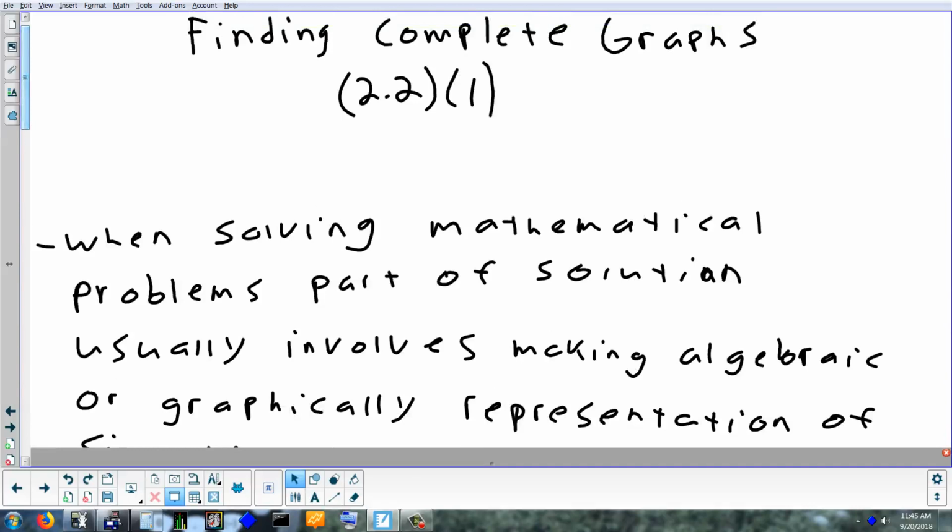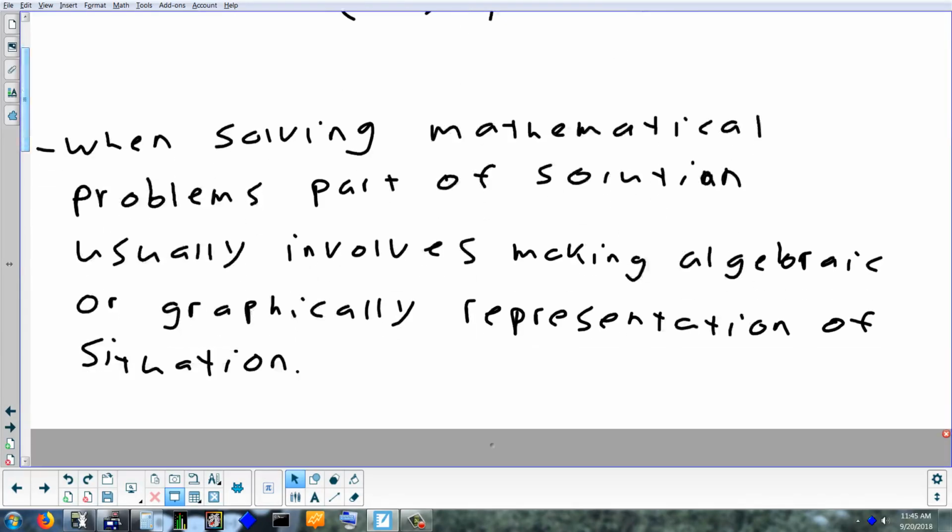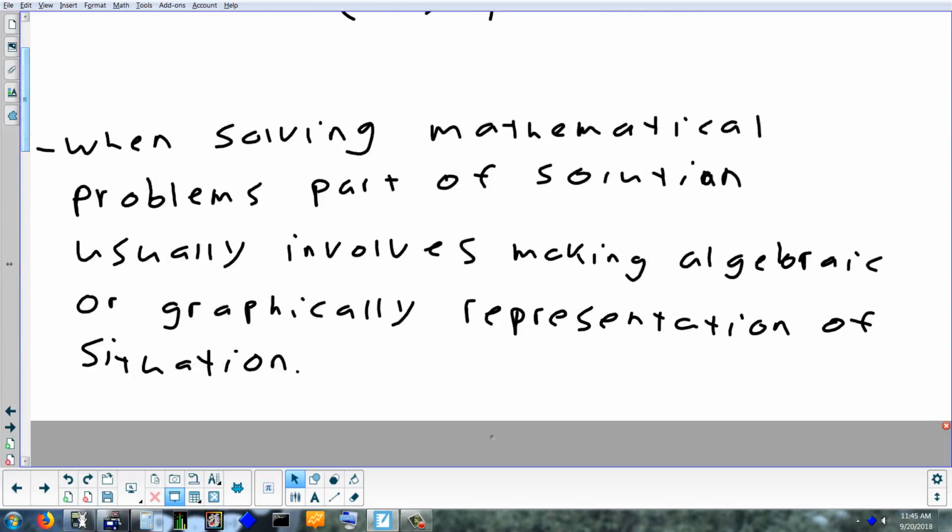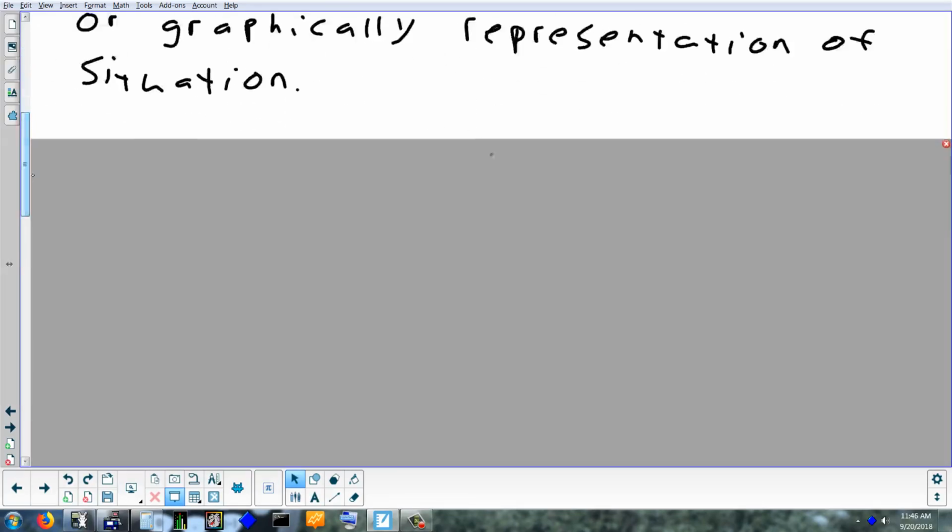You can try to set up an equation and use algebra, or you can draw a picture like a graph and use the calculator. Those are basically the 2 approaches we take to every problem in the class. Sometimes we use a combination of both. Sometimes we make an algebra equation first, and then we solve it on the calculator. But that's all that is. That's what you've been doing all year so far, so don't really worry about that too much.